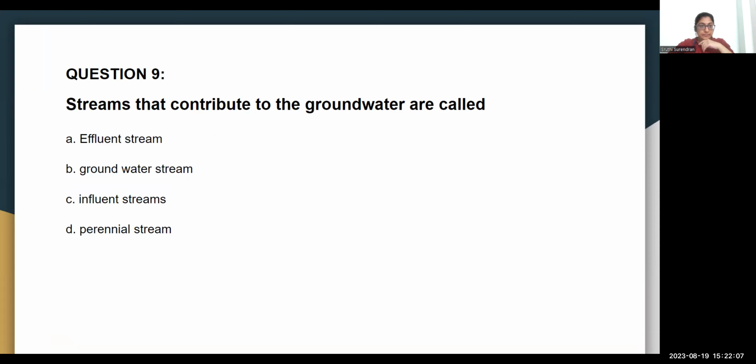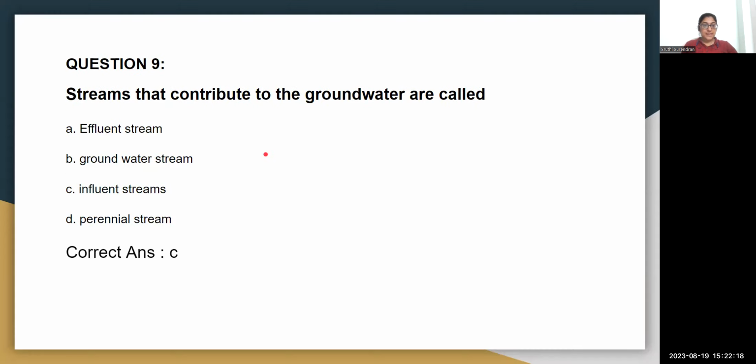A or D, okay. See, let's get into the explanation of this. The answer is C, influent streams.